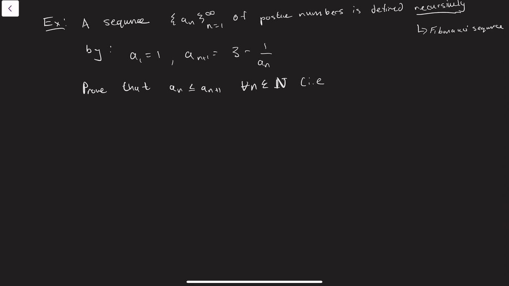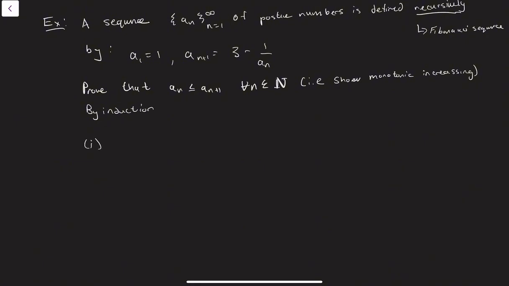So i.e., we want to show monotonic increasing. So we just want to show that this sequence is increasing forever because the next term, an plus 1, will be bigger than an. And we're going to do this by induction.